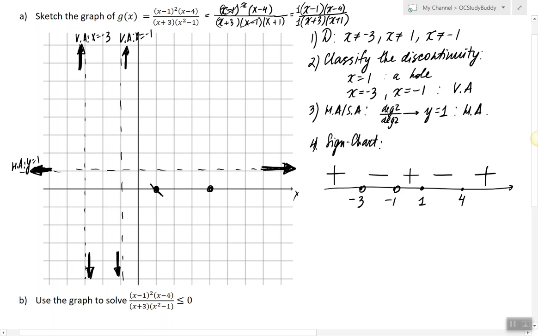And at 4, we have the function crossing from negative to positive. I also want to remind you that the horizontal asymptote only tells us what the function looks like as x goes to the right and to the left. So that means the function can cross the y = 1 line anywhere in between.